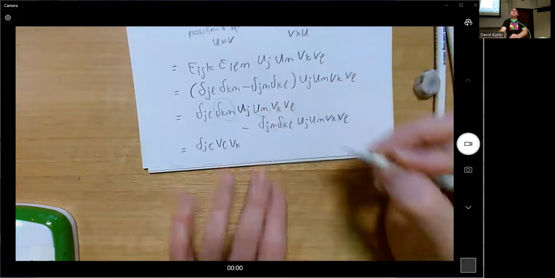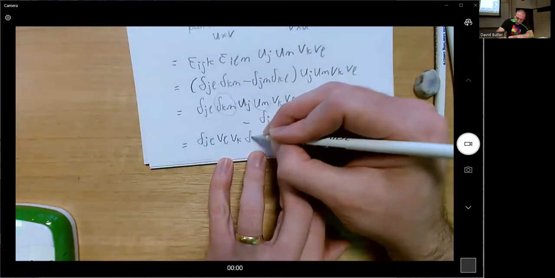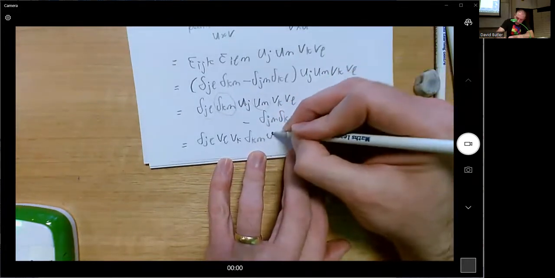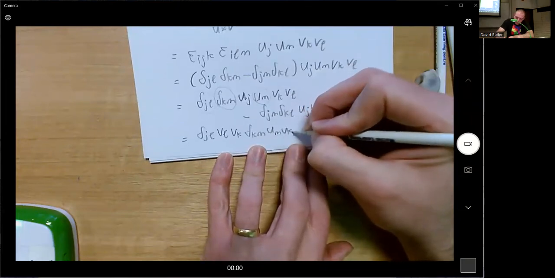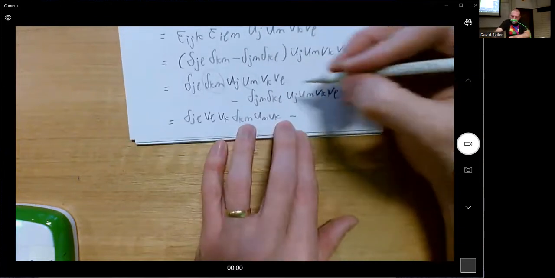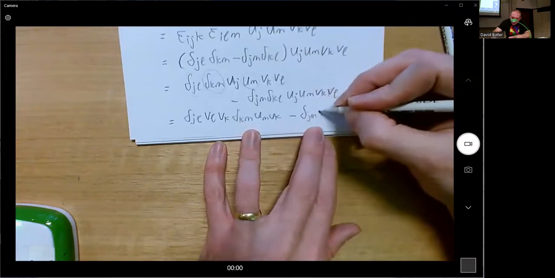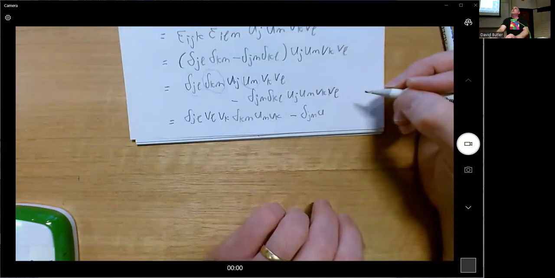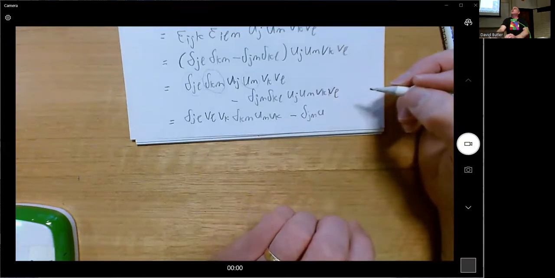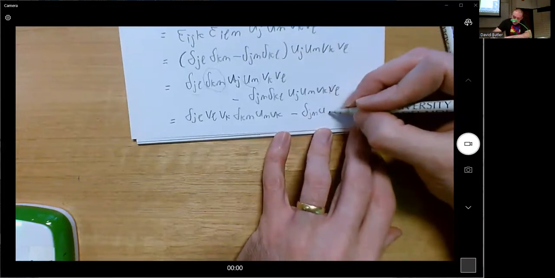Oh, it's gorgeous. Sorry, just a second. I have no idea. I still have no idea. I'm so excited to see where this is going to go.